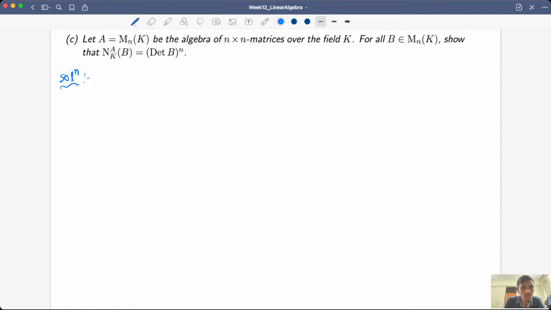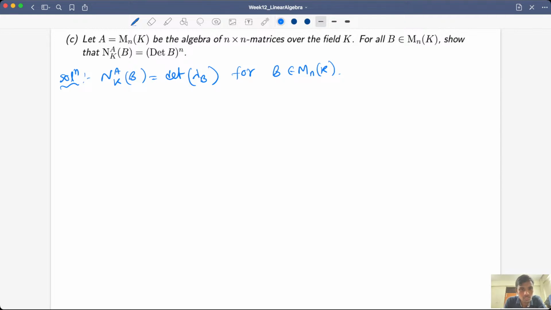So here also the norm of b is the determinant of lambda_b, for b belonging to M_n(K).